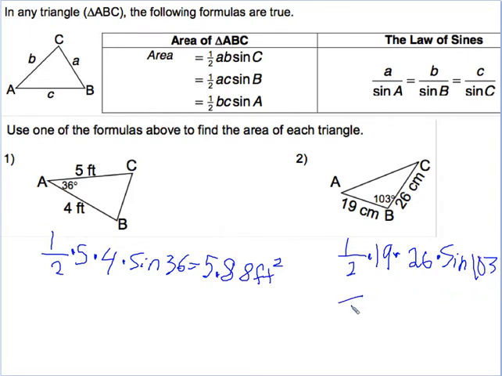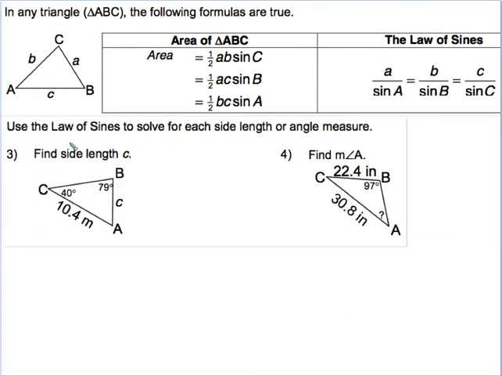The calculator does all the work for me, and I find that the area is going to be 240.67 centimeters squared. Notice I'm rounding my area to 2 decimal places. So that was the area.